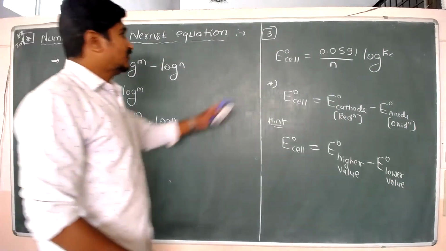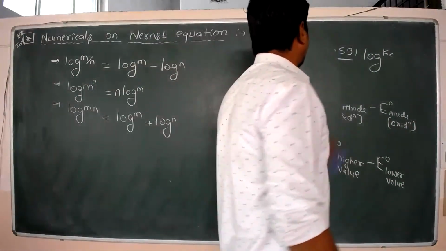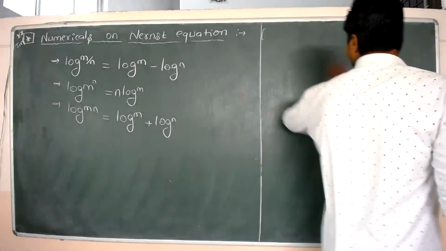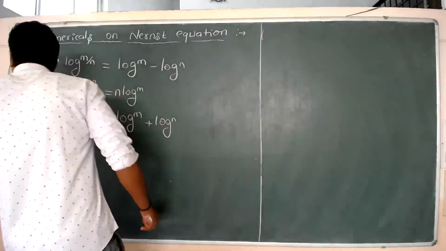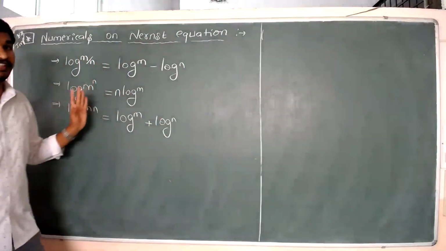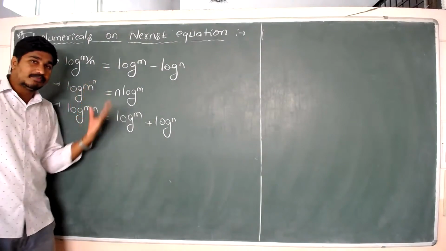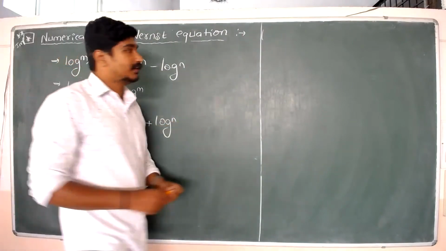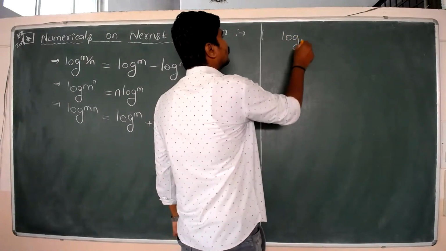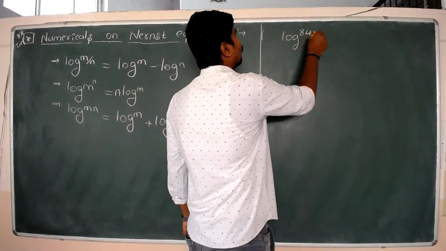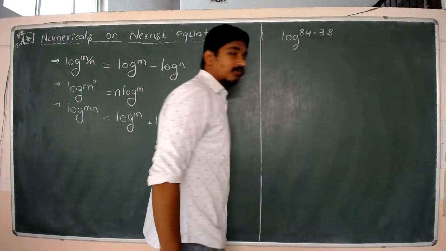One example, we will check here how to check the log value in the logarithm book. It is very important for 3 marks. That's why I am explaining these basic formulas and basic things. Now, the question is: log of 84.38 is how much?